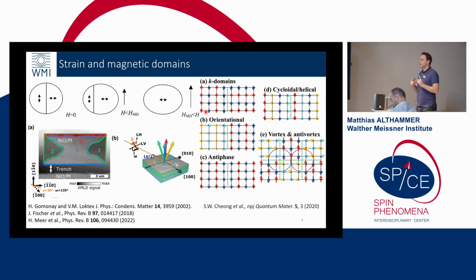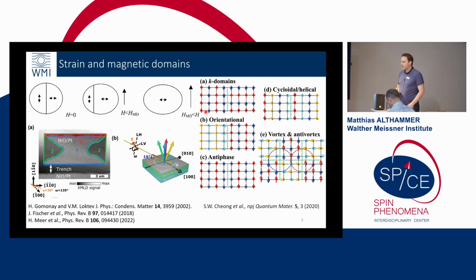Already the two-sublattice nature, what is sublattice A and what is sublattice B, is not directly set. There can be symmetry requirements, and then you have defects and additional problems when you make materials out of that, which lead to domain formation. You need to be aware of these domains, as they might influence your measurements.